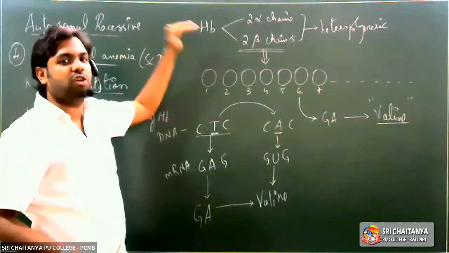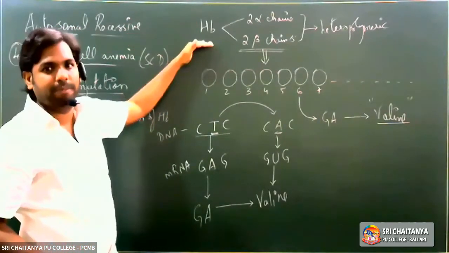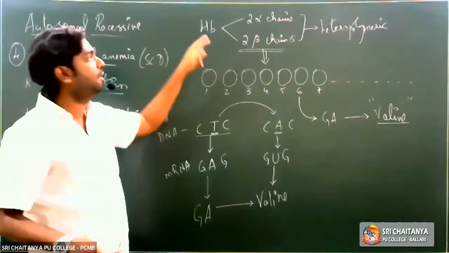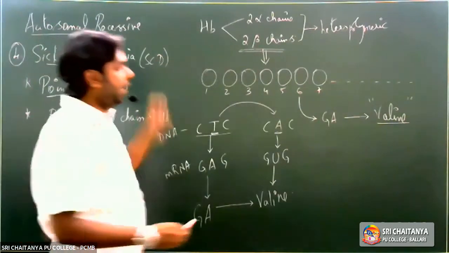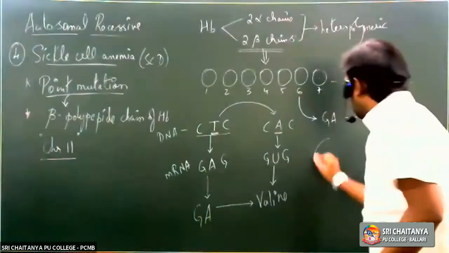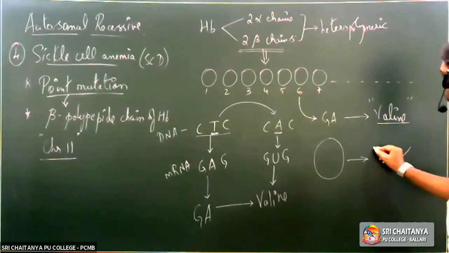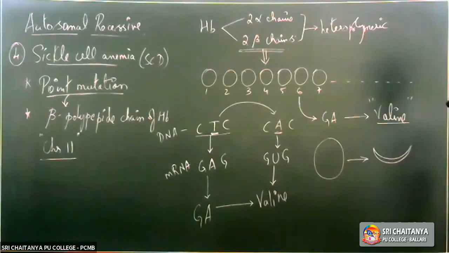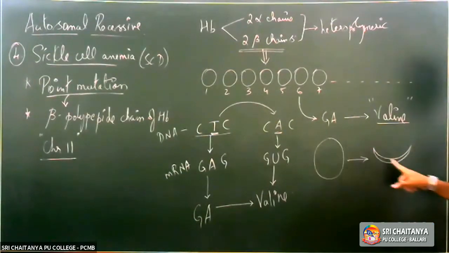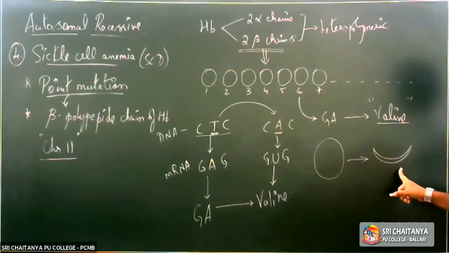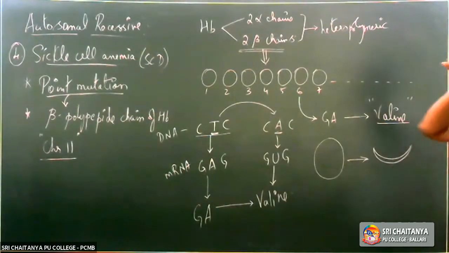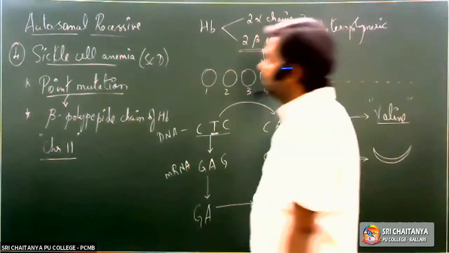Since there is distortion in the structure of hemoglobin, the RBC having such hemoglobin, instead of being a biconcave shaped RBC, will start turning into a sickle shaped RBC. So this was the normal condition, and this is the sickle shaped RBC. Right. So this is what is actually seen in case of sickle cell anemia.